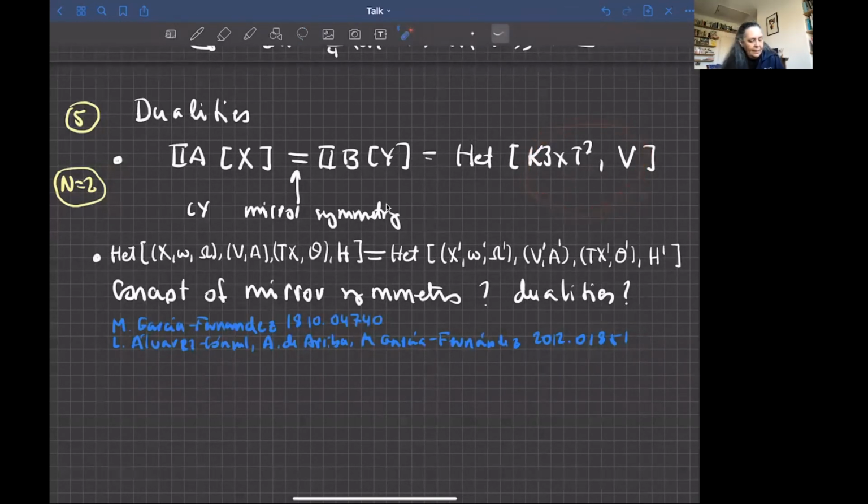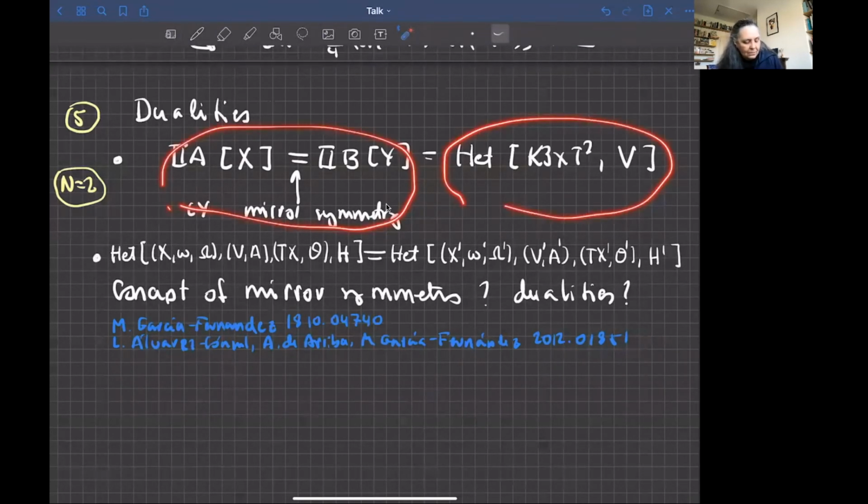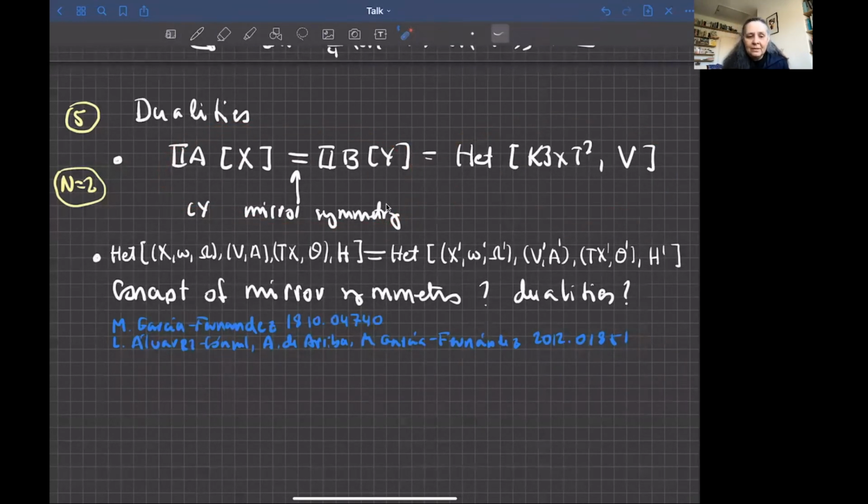And of course, by mirror symmetry, there should also be a duality with the type 2B on the mirror of the Calabi-Yau X. So perhaps, by understanding what we already know about the non-perturbative quantum theory on this side, one can learn something about this. And I didn't put any references; there is a long string of references of people who have been working on this, in fact.